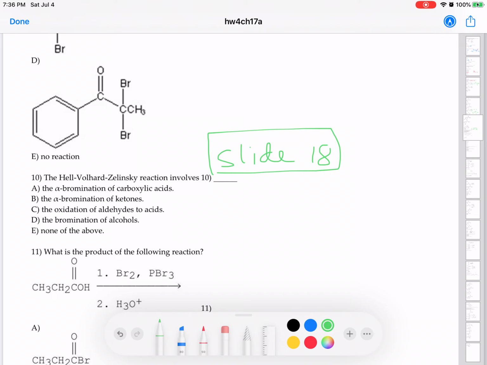Okay, so these mainly involve halogenation of an acid, alpha bromination of carboxylic acid. If you refer to slide 18, you will understand that this reaction talks about alpha hydrogen bromination of a carboxylic acid. So then the correct answer is alpha bromination of carboxylic acids.